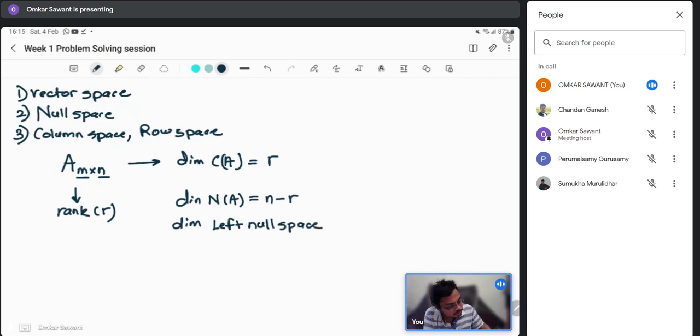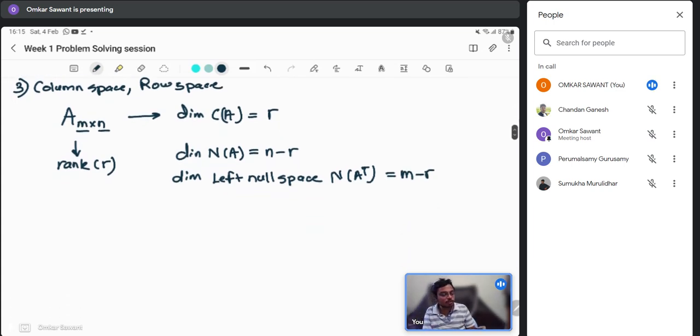The left null space is the null space of A transpose, right? Which is m minus R. So these things must have been taught to you.